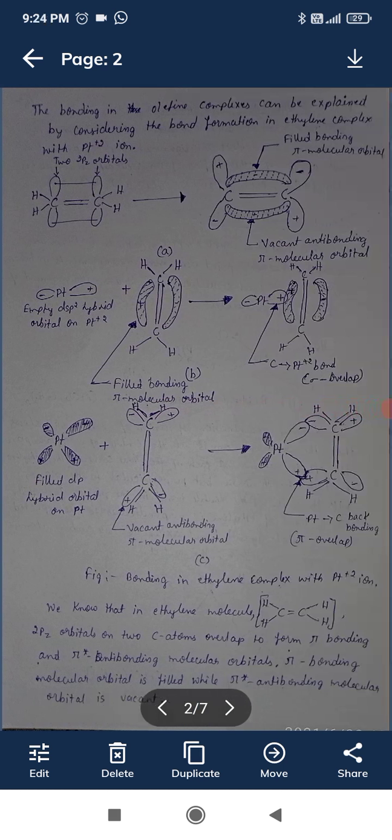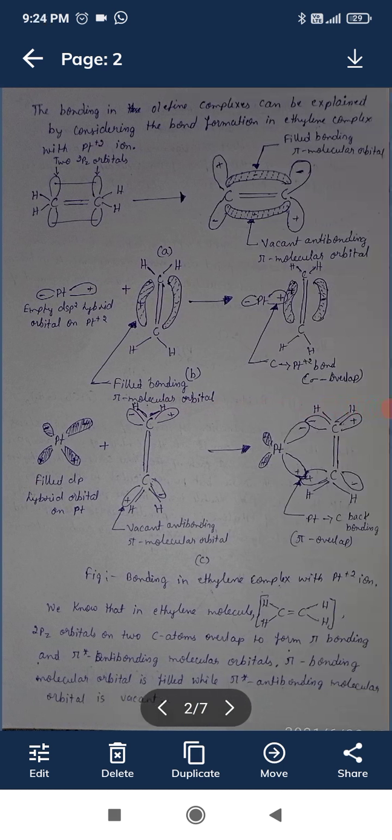The two processes, the donation of pi bonding electrons of the olefin to the metal sigma orbital, and the back donation of electrons from the metal to the antibonding orbitals of the olefin, that is alkene C2H4, are synergically related and weaken the pi bonding in the olefin.